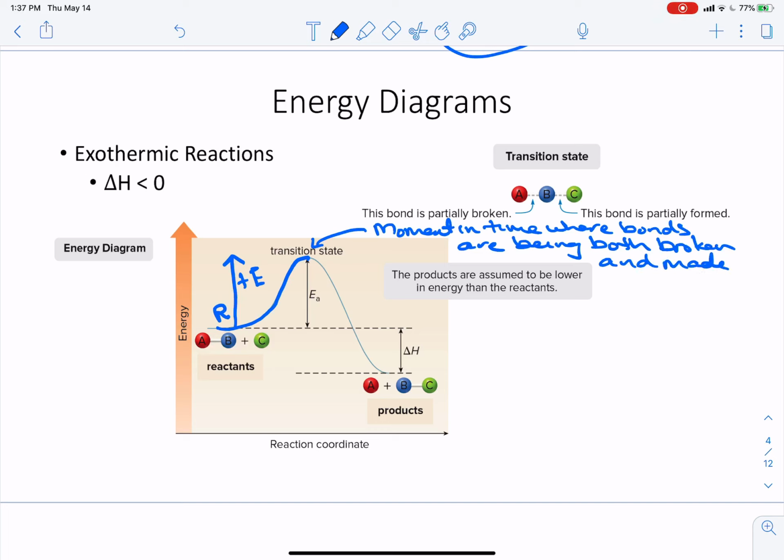So when we get to the transition state, after the transition state, what we have is the making of bonds, and that's going to release energy.